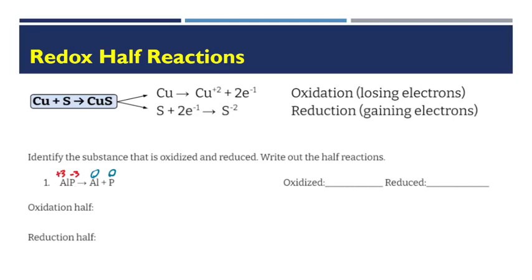So we found those oxidation numbers, and then we had started figuring out that if Al is going from a +3 to a 0, its oxidation number is decreasing. That's because it was gaining electrons, more negative stuff, bringing that charge down, meaning that that aluminum is being reduced.